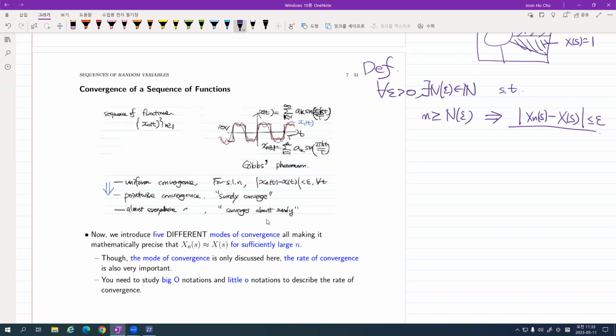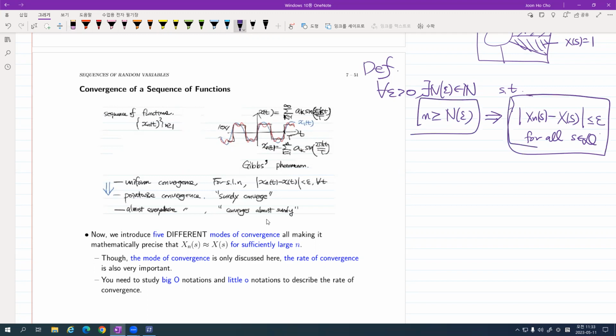So you say for all s in the domain, this implies that. Okay? What does this mean? You know how to remove this absolute value operator: the difference is between minus epsilon and epsilon. Then what do you have?